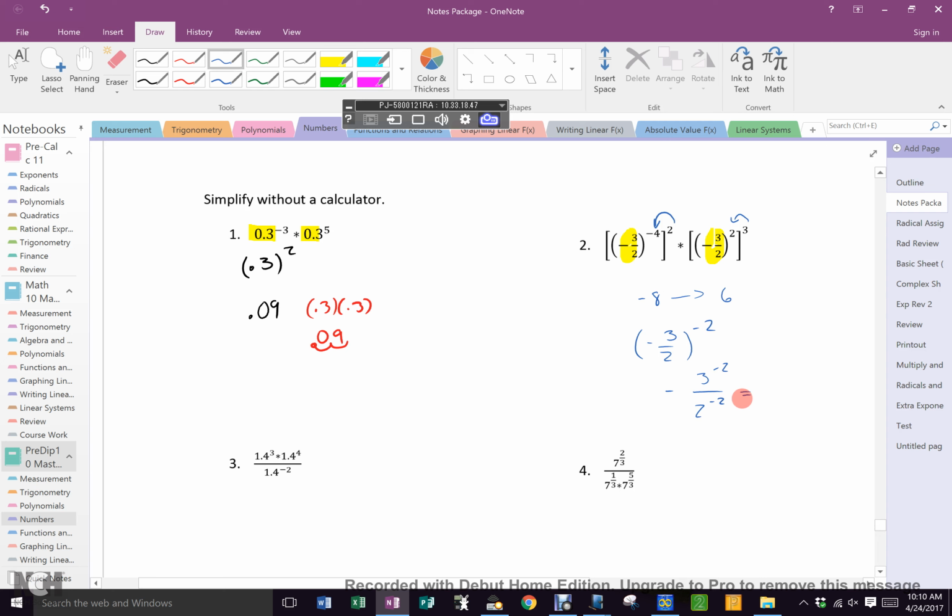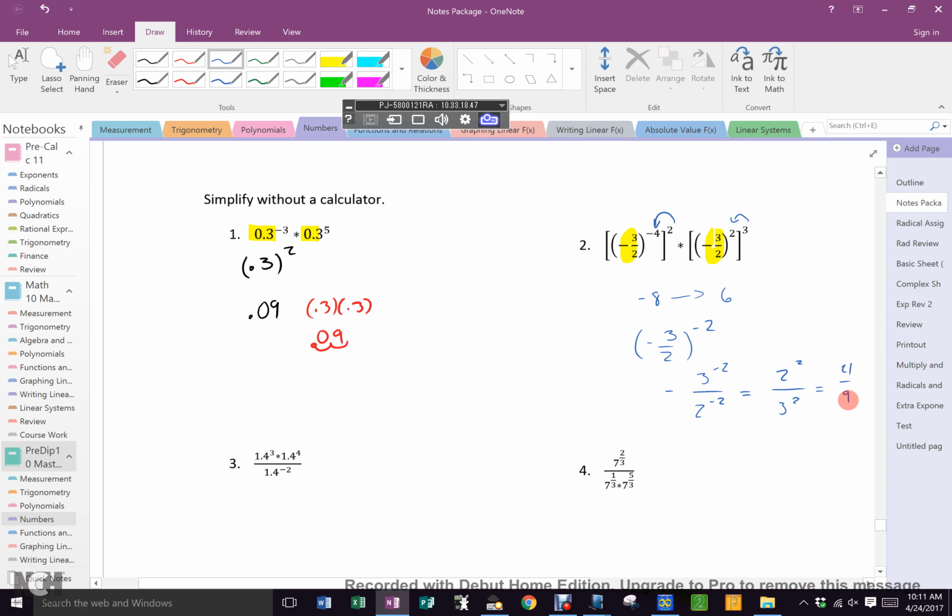Which would get me 2 squared over 3 squared, because they got to flip, right? Would they still flip even if it's a negative? Because it's negative 3 over 3. Yes, I'm getting back to that negative in a moment. That's going to be 4/9.